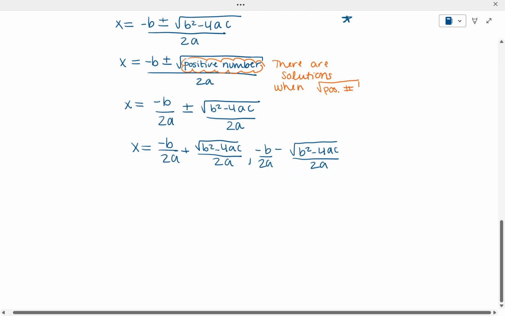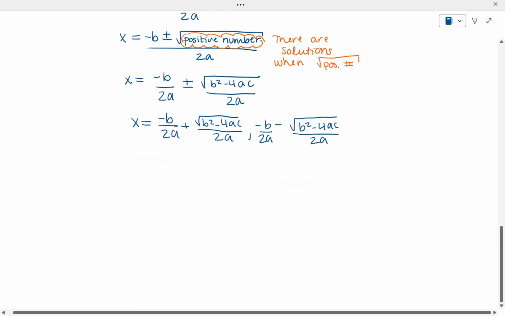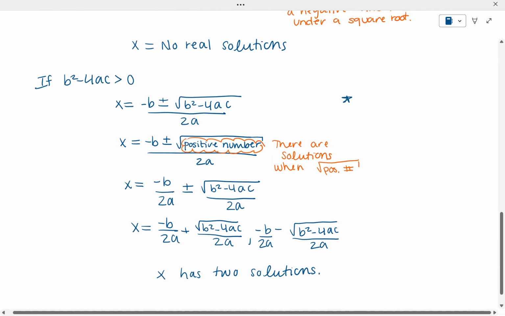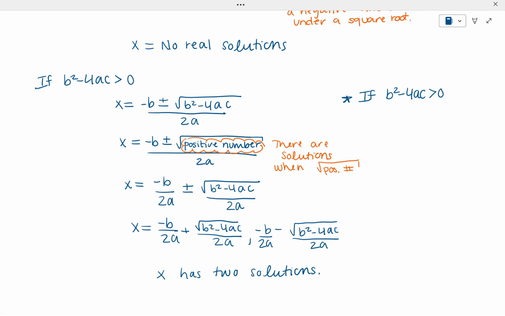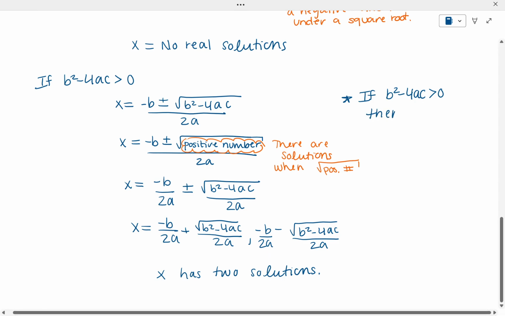So there are two solutions for x. So if b squared minus 4ac is greater than 0 or it's positive, then there are two solutions for x.